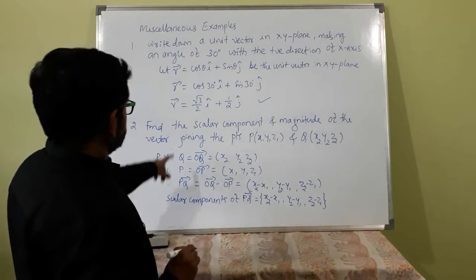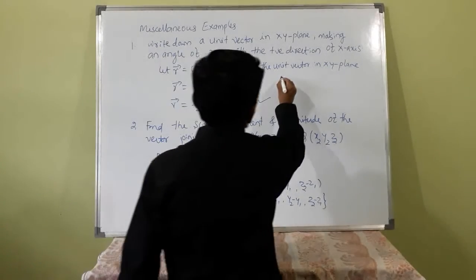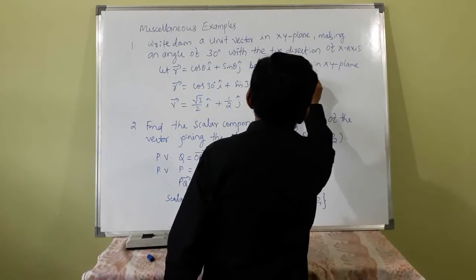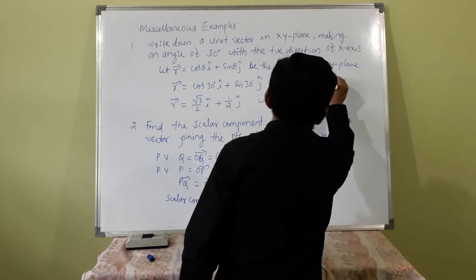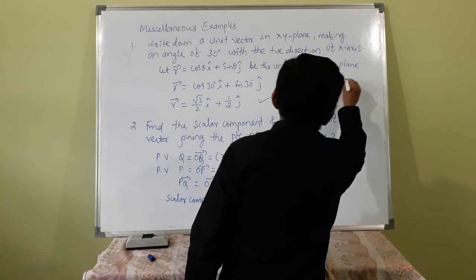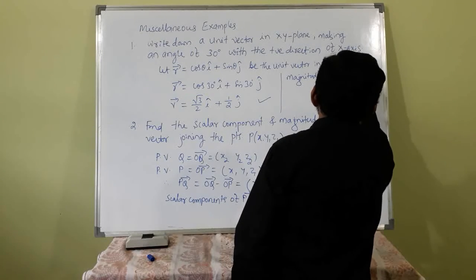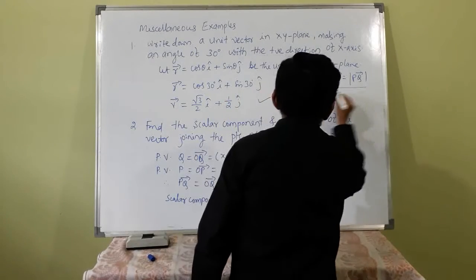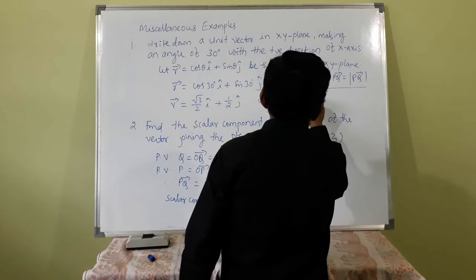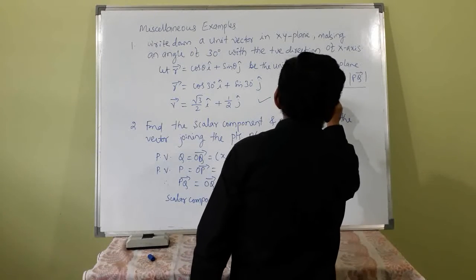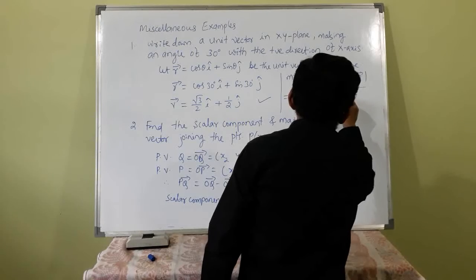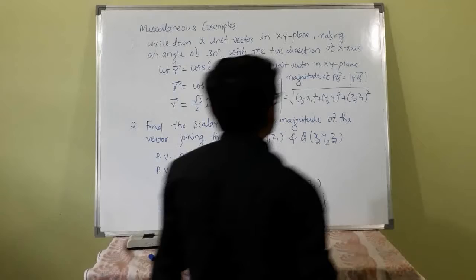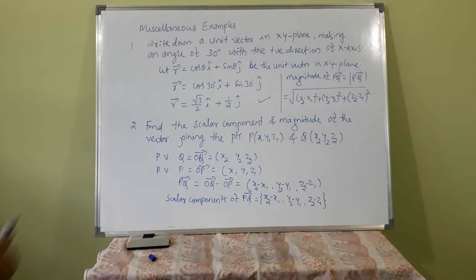Now magnitude, I will write here, magnitude of PQ is equal to square root of (x2 minus x1) squared plus (y2 minus y1) squared plus (z2 minus z1) squared. Okay, that is the answer for the second part.